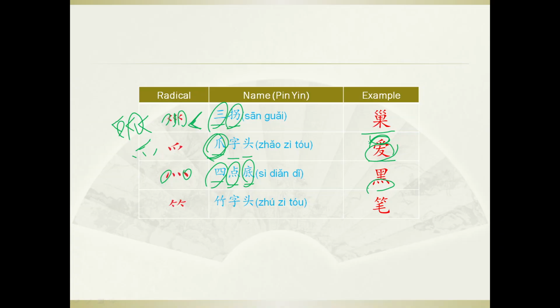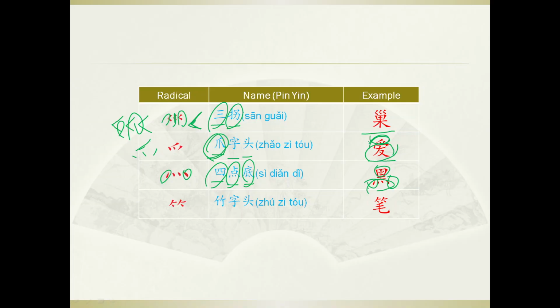In a whole word, this radical should be a little wider than the top body. Like a base foundation of a building.